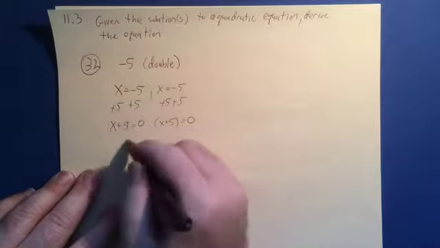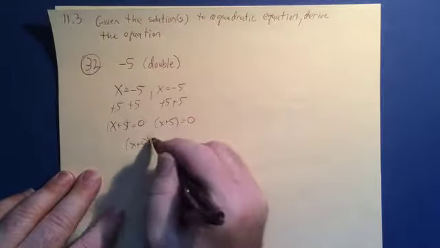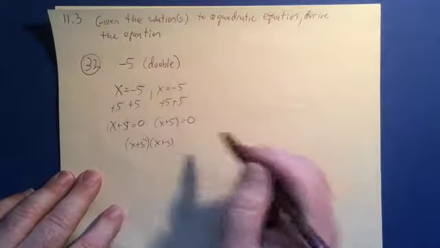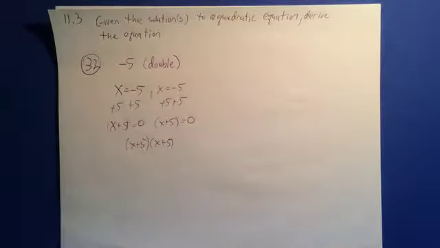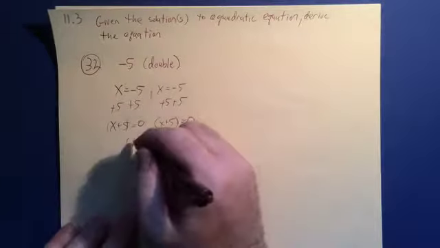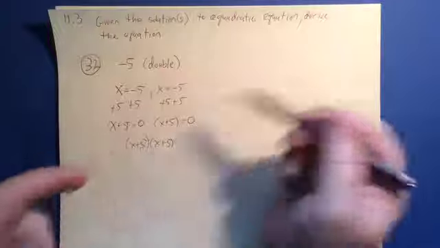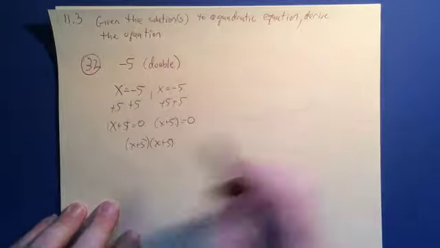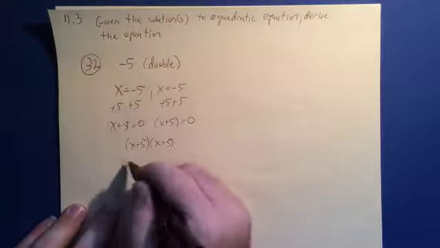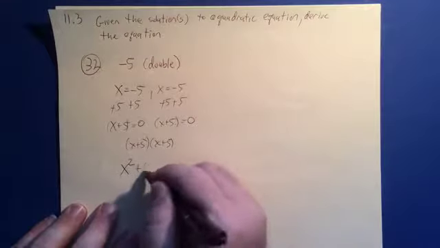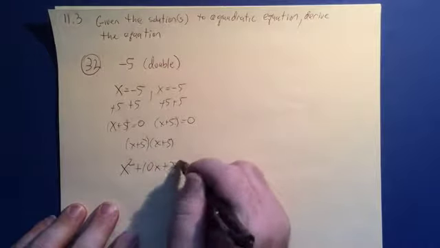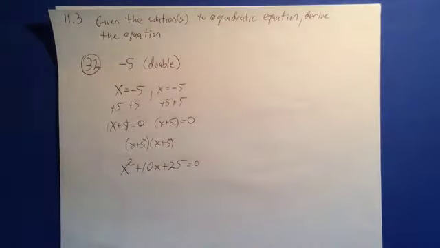Now I'm going to take x plus 5 and x plus 5 and multiply them together. When I FOIL it, it should give me an answer of x squared plus 10x plus 25 is equal to 0.